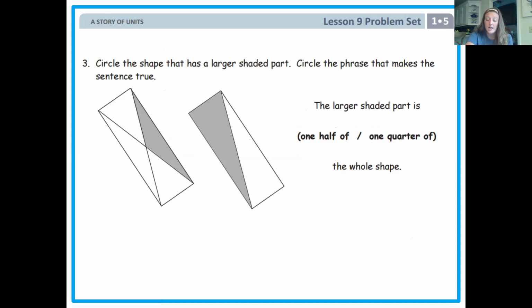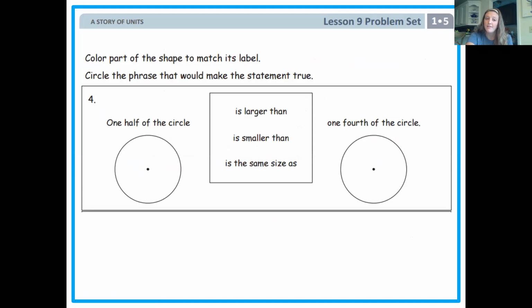And then for number 3, I want you to circle the shape that has the larger shaded part. Which one has a larger shaded part? 1/2 of or 1/4 of the shape is larger. For 4, it is going to be your job to circle the phrase that would make the statement true.